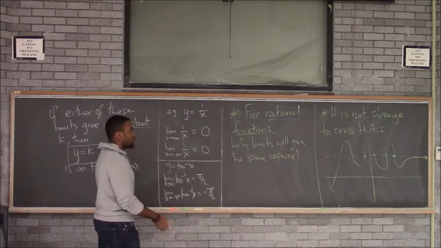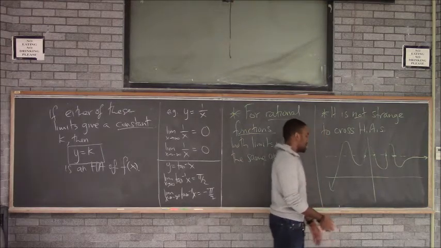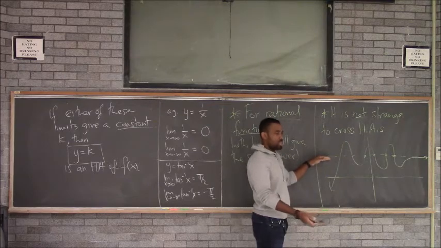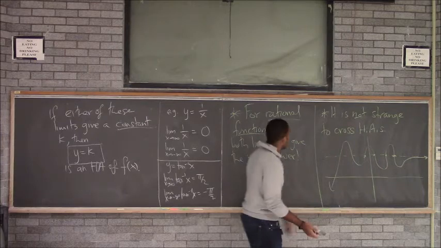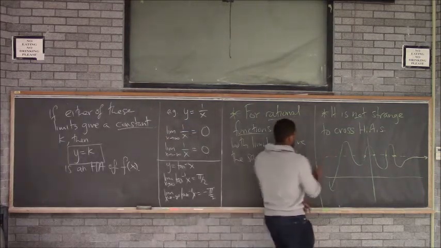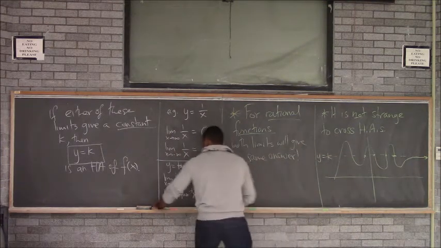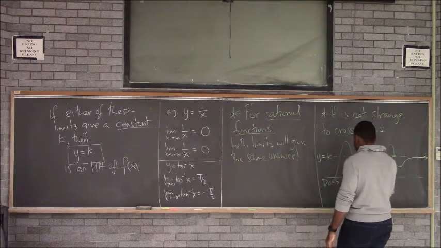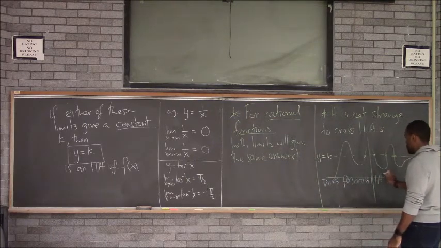If you want to know whether a function crosses the horizontal asymptote, then that's kind of easy. Let's say this is y equals k. All you have to do is set your function equal to k. Is there an input that makes the output k? And you just solve for it. So you want to ask, does f of x cross the horizontal asymptote?